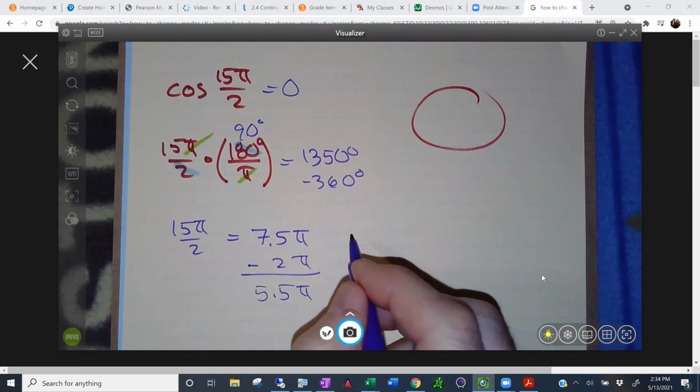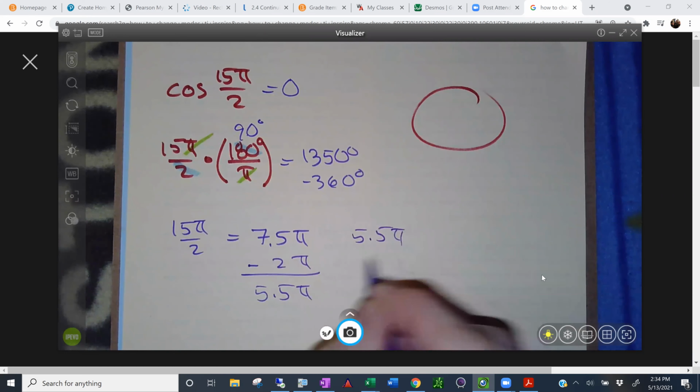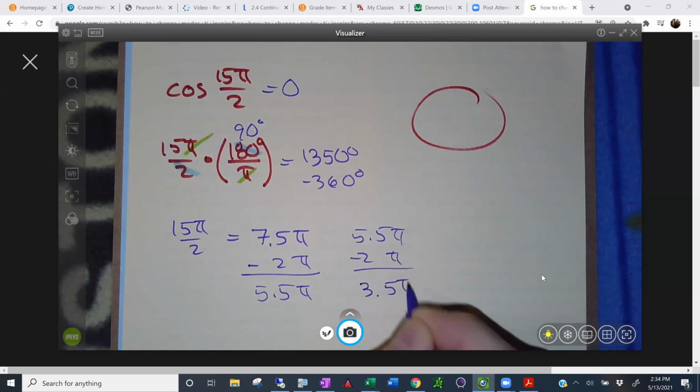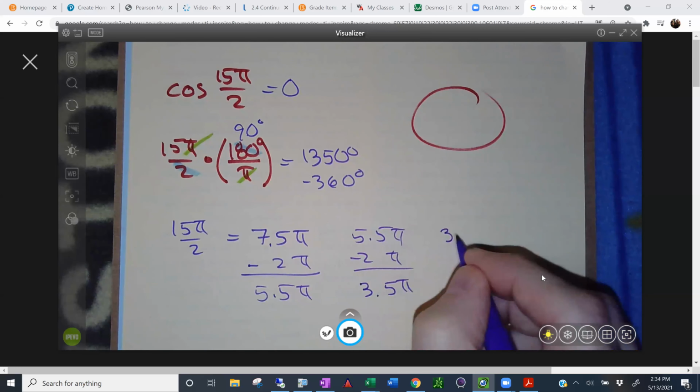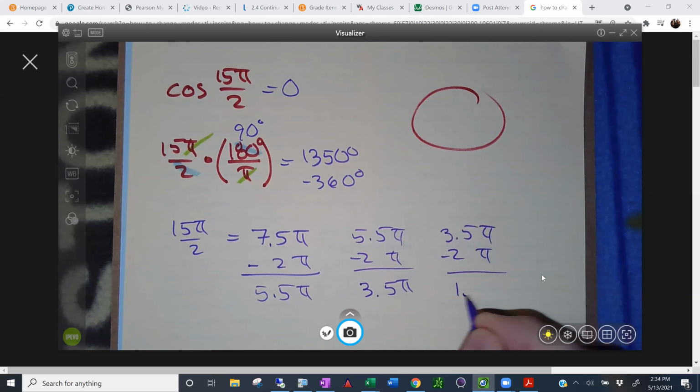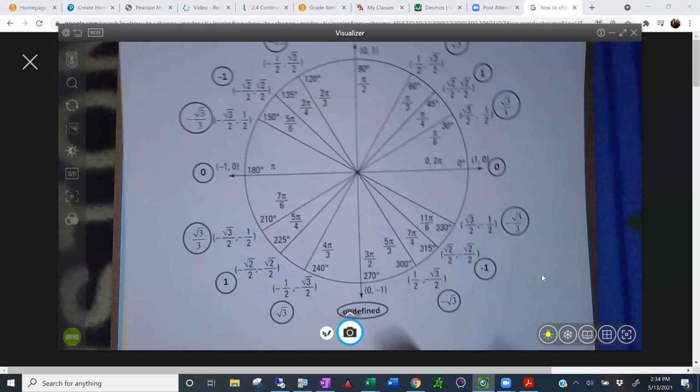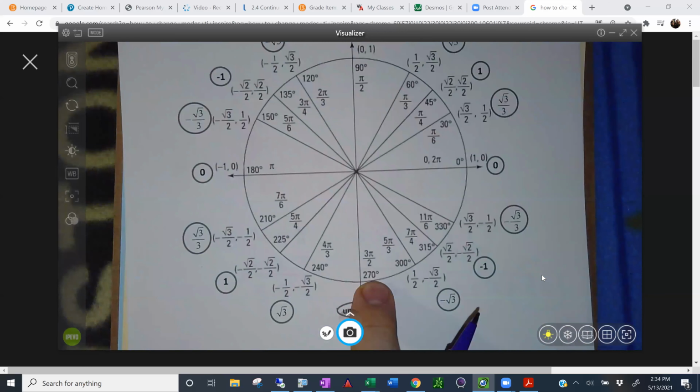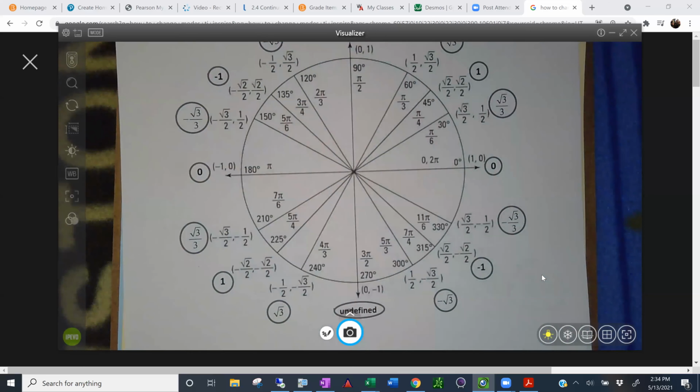That's still not enough, so subtract off another 2 pi, which gives me 3.5 pi. I'm getting closer. Subtract off another 2 pi and end up with 1.5 pi, which is 3 pi over 2. That's in radians what 270 degrees is equivalent to. It puts you at the same point on the unit circle. The x coordinate is 0.